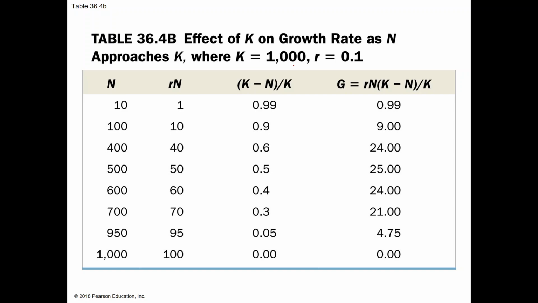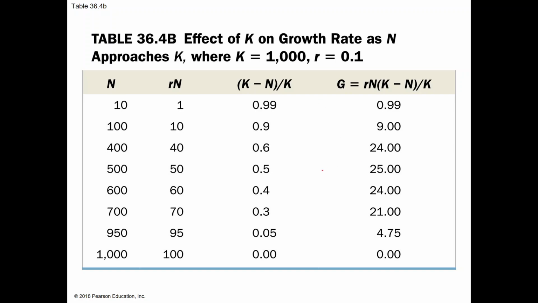So this here is demonstrating how this expression, K minus N over K, is producing this S-shaped curve where growth is really quick in the beginning and then levels off.